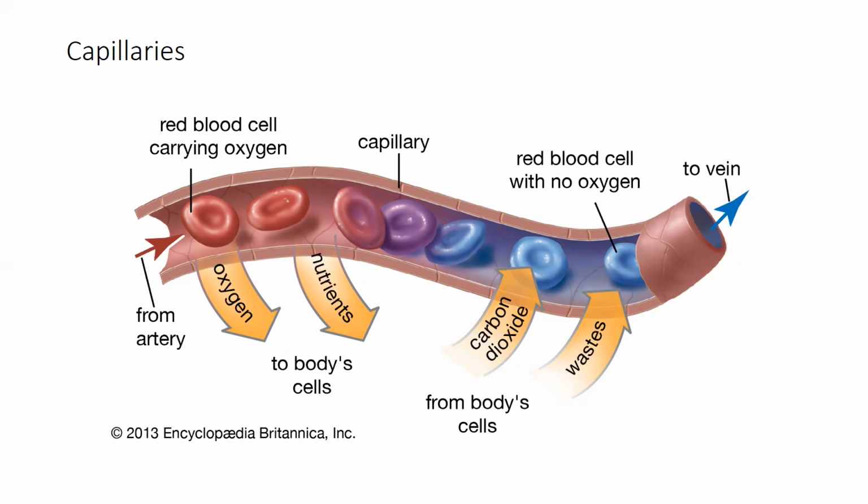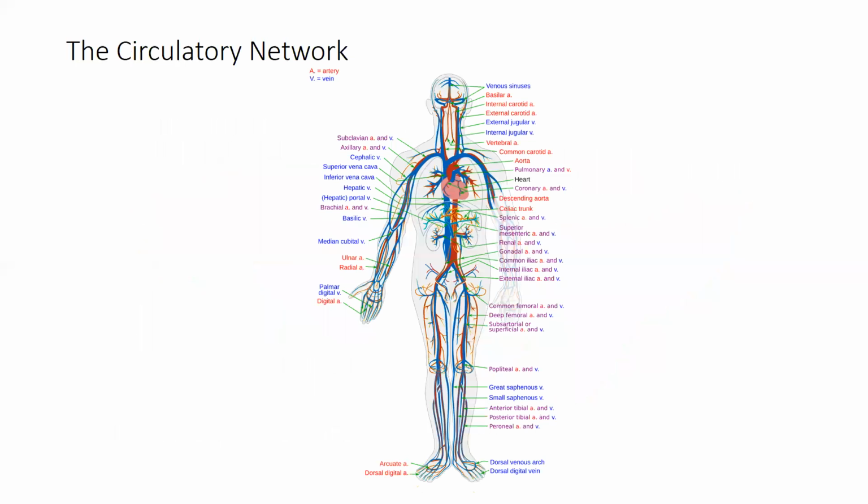The thin wall of the capillary vessel allows gases such as oxygen and carbon dioxide to permeate through, along with nutrients and waste products. As you can see in this diagram, the artery and venous systems in your body are quite extensive and cover the entire length of your body.